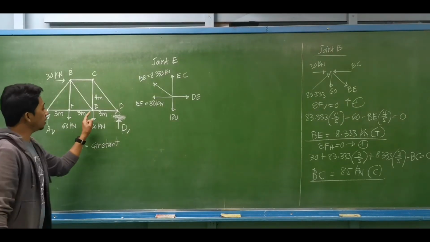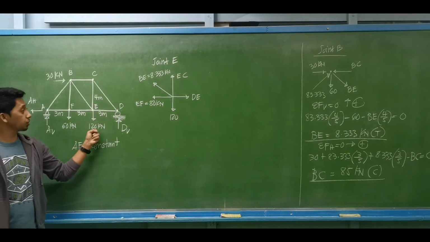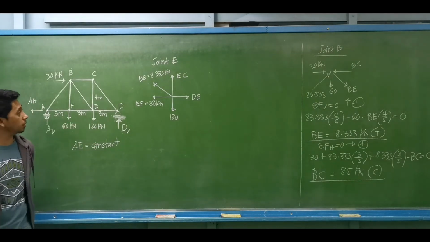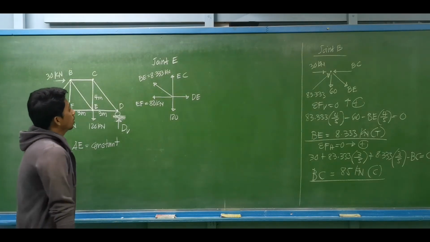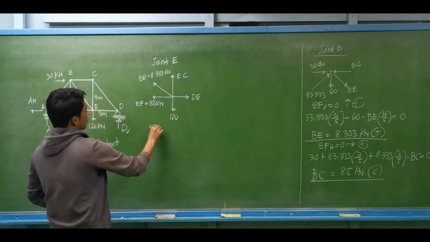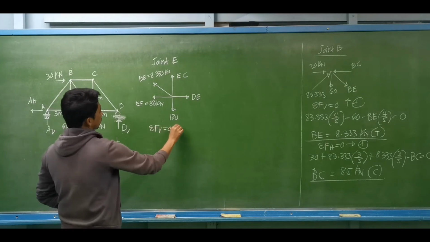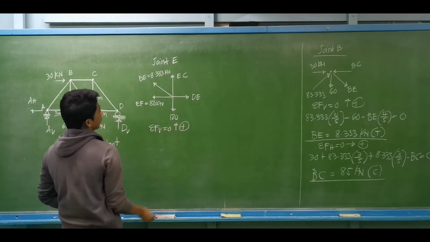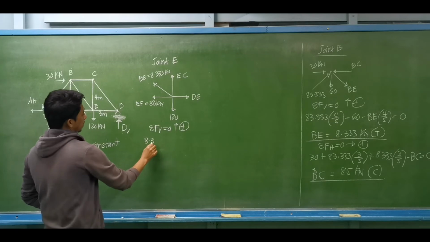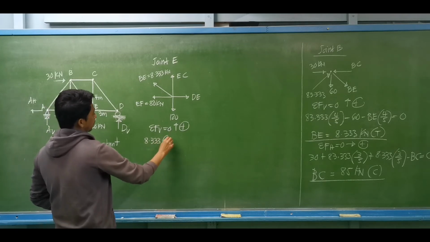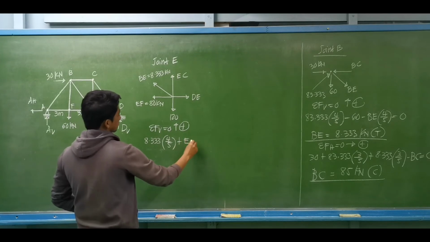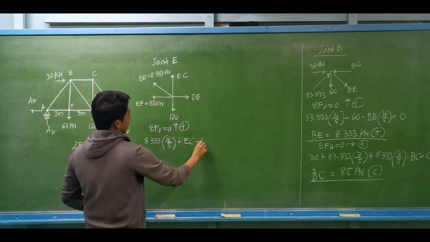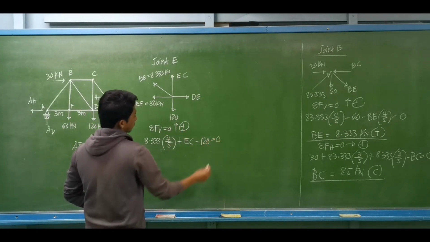Okay, so here at joint E, we have the 120 kilonewton load, EF is 80 kilonewtons, and BE is 8.333 tension. So we may have summation of forces vertical equal to 0, upward forces to be positive. That is 8.333, vertical component is 4 over 5, plus EC, then minus the 120 kilonewton load equal to 0.